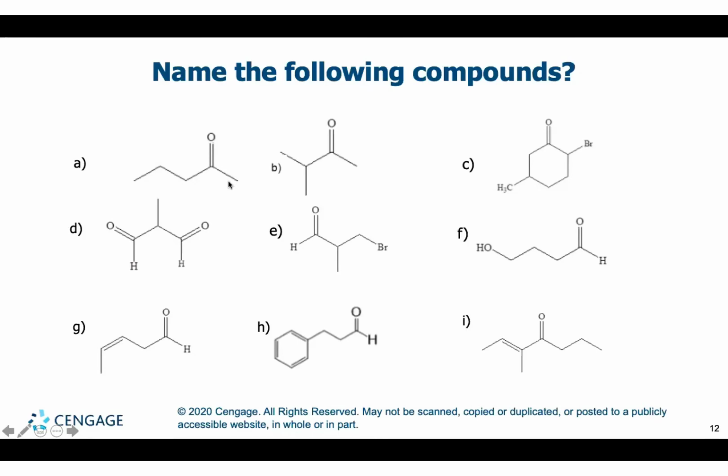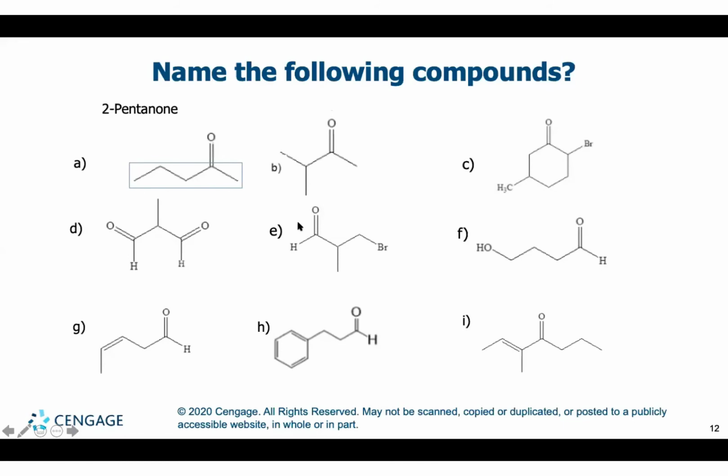So we're going to find the longest chain, and we start numbering from the right side. It's going to be 1, 2, 3, 4, 5. So we have 2-pentanone. On carbon 2, I have a carbonyl group, and we should emphasize that when we write the name: 2-pentanone. What about the third one?